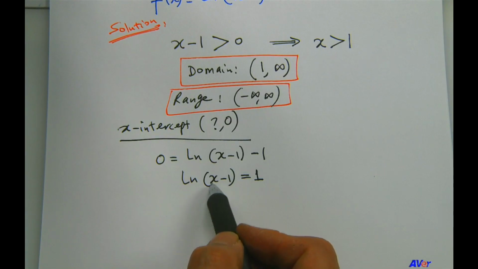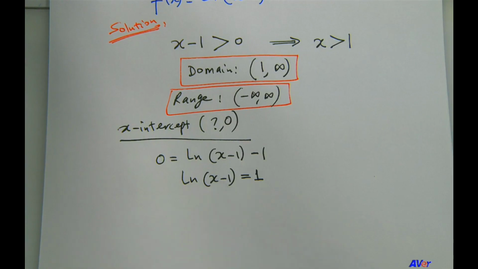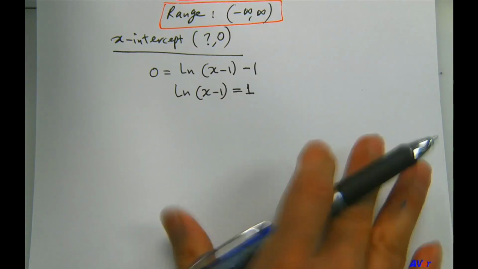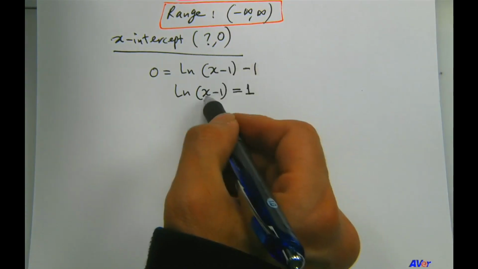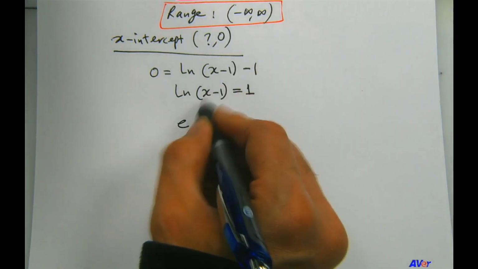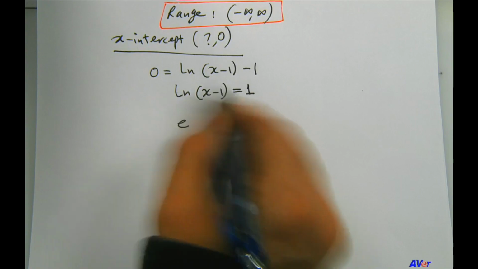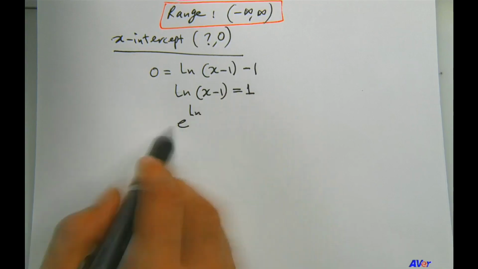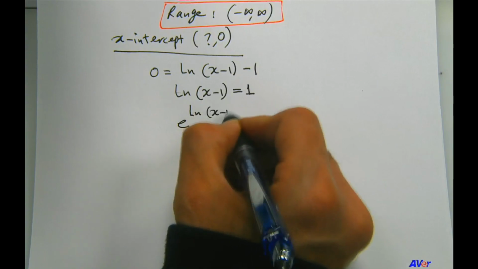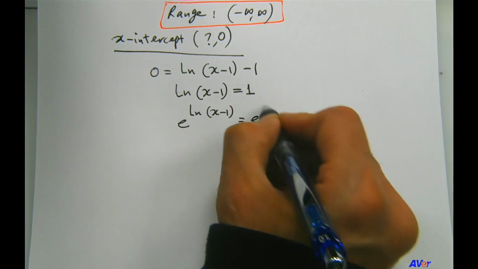We can't solve for x unless it's out of this situation where it's part of the argument of a natural log function. So what technique did we use a few minutes ago to release this x from this group format? We just raise the whole thing to base e. So e to the natural log of (x minus 1) equals e to 1.